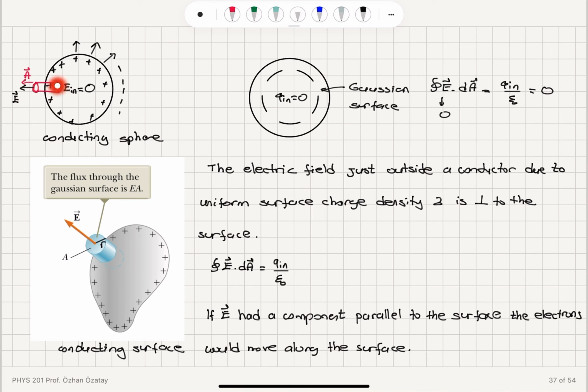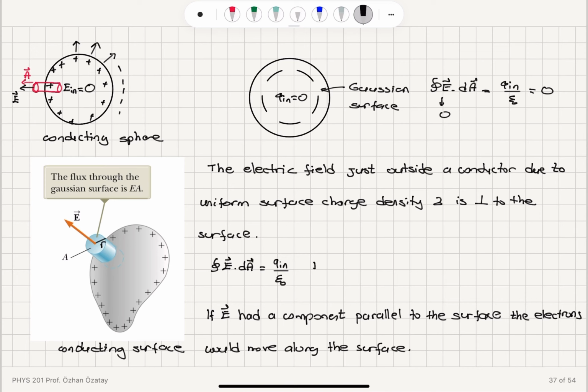The surface that is inside the conducting sphere will have a zero contribution because the electric field inside is zero. So we will have the electric field outside.